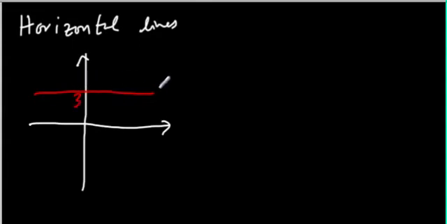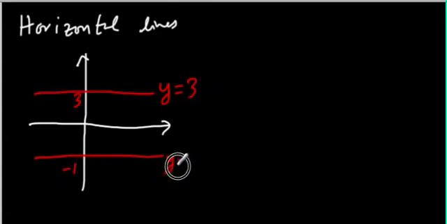The way you describe horizontal lines is you just say y equals 3. That's it. Say you have another line right here that's at -1. This would be y equals -1. And the x-axis itself has a y-intercept of 0, so the x-axis is described as y equals 0.